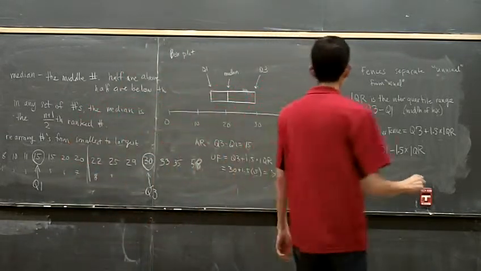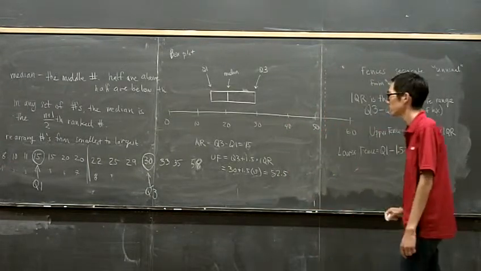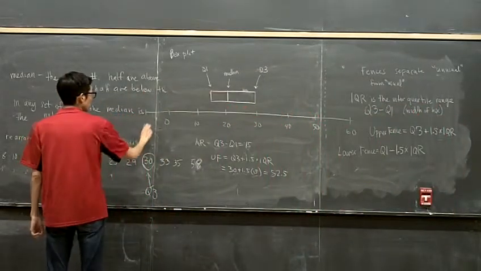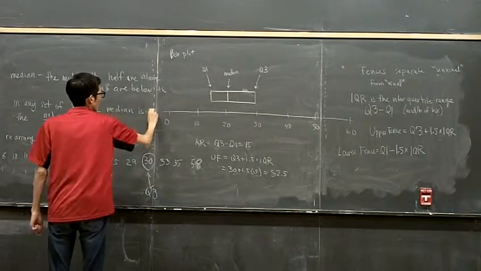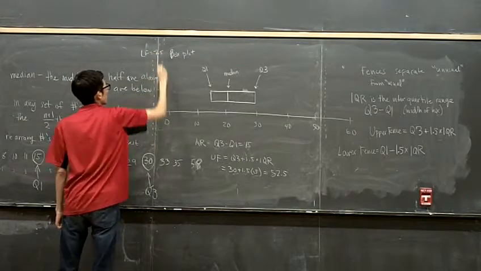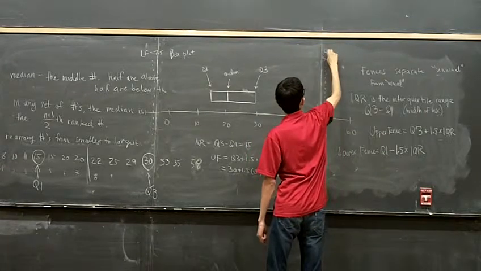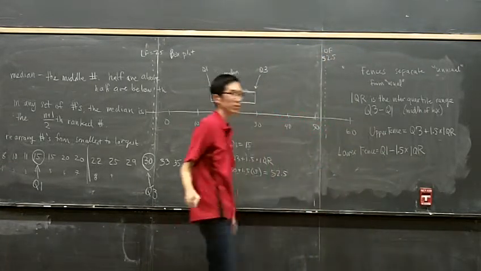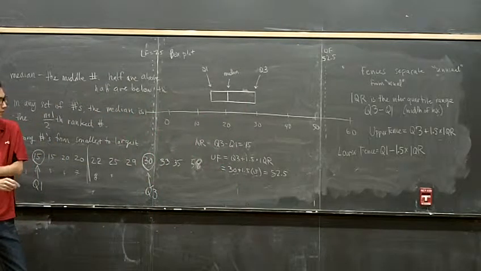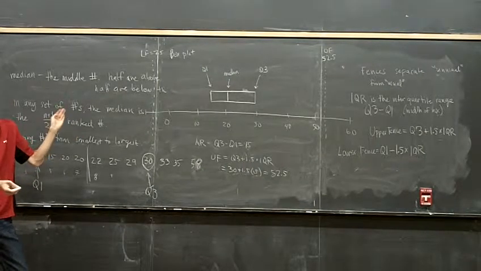I draw an imaginary line at 52.5. Then I do the same thing on this side. My lower fence is Q1, 15, minus 1.5 times my IQR. If you figure it out, you get negative 7.5.